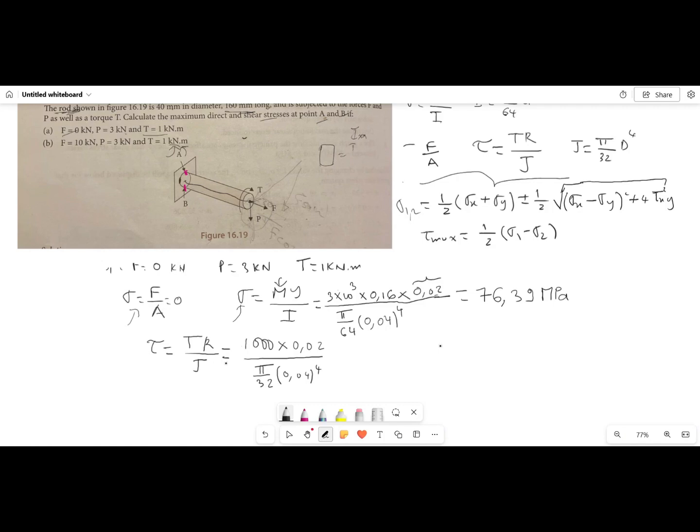Okay, guys, I believe that you can make the difference between I and J. Last year, people made confusion when the lecturer marked. You use J when it comes to shear stress. You use I when it comes to bending stress.